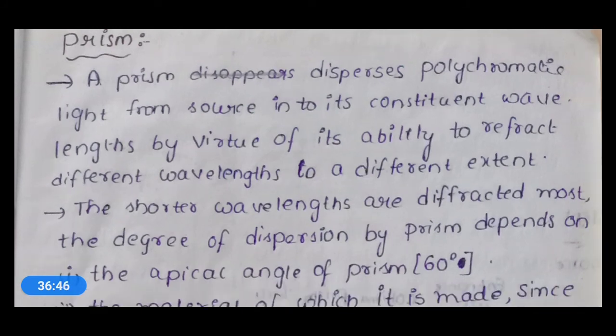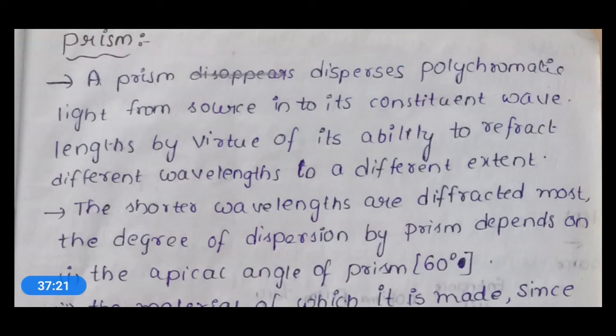So this prism will help in the dispersion of polychromatic light from the light source, and this dispersion is based on the wavelength of the particular beams in the polychromatic light. It is also based on the refraction ability of that particular wavelength.